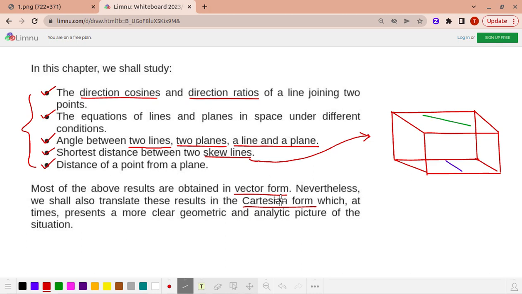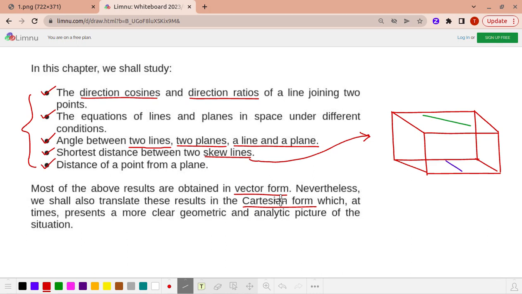The question may be given in the vector form and the result needed in the vector form, or the question given in the Cartesian form and the answer needed in the Cartesian form. Sometimes the question is given in the vector form and the result asked in the Cartesian form. That you can also do if you know the relationship between the vector form and the Cartesian form with respect to the topics we are going to discuss.